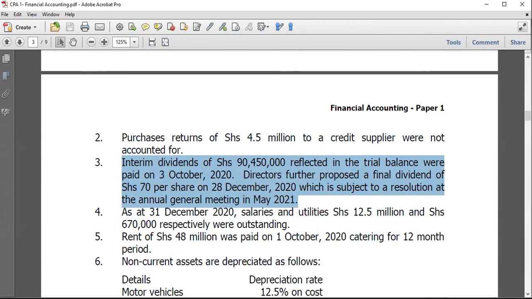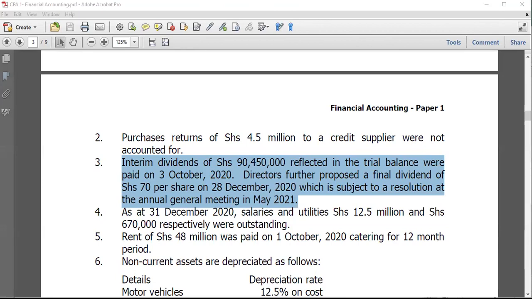Now, you just ask yourself, does this affect my profit? Remember, we have what we call profit, and then we have what we call the retained earnings.